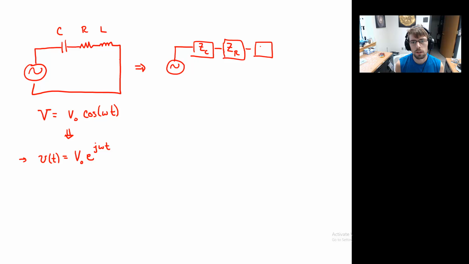This is so that you don't confuse it with any other circuit element. Okay. And the question then becomes, how do resistors in series combine? Yeah, they add. So the total impedance of the circuit would simply be the summation of the three impedances.